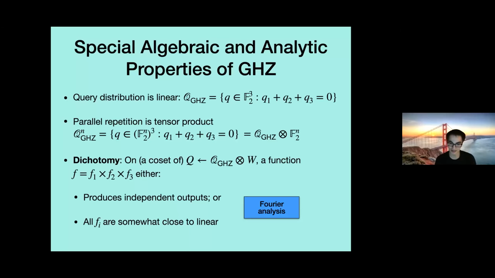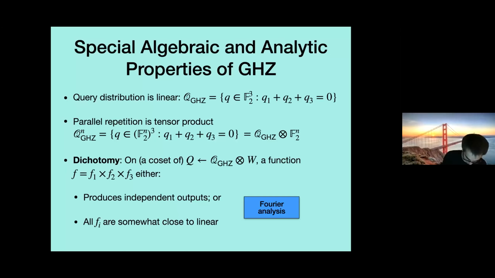In the dichotomy statement, if W is any linear subspace, and you consider this tensor of the GHZ query subspace with W, then the dichotomy lemma is as stated. Okay.